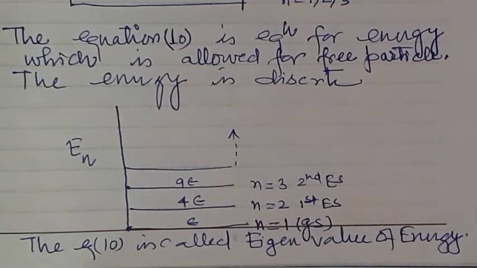So n equal to 0 is never taken as the ground state. Always remember n equal to 1 is the ground state for the problem. That's why equation 10 is also known as the eigenvalue of the energies.